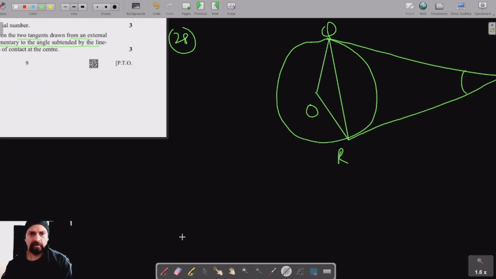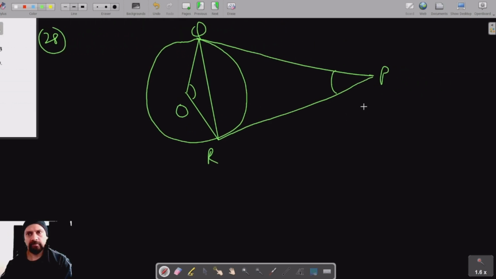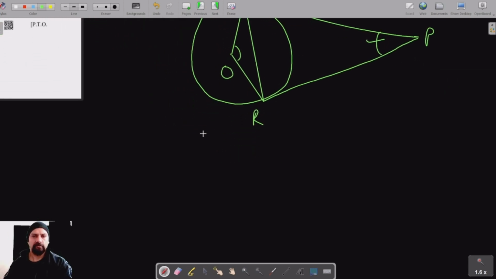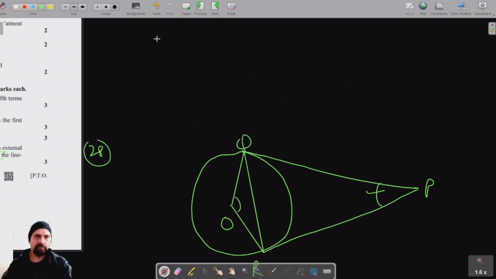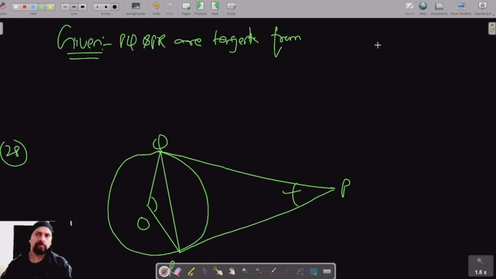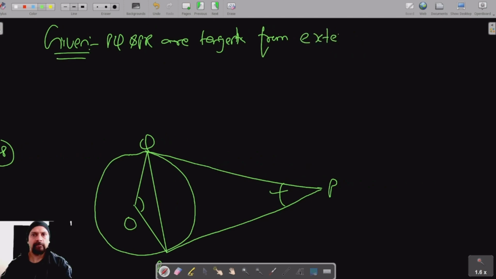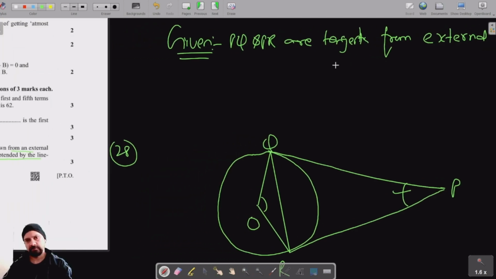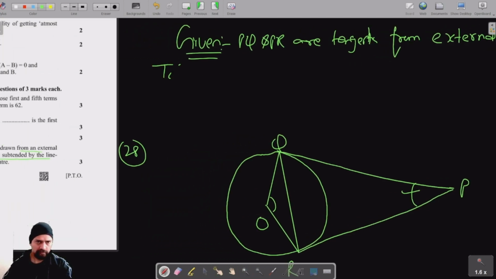So this angle is supplementary with P. So now it's given that we can write that PQ and PR are tangents from external point P.